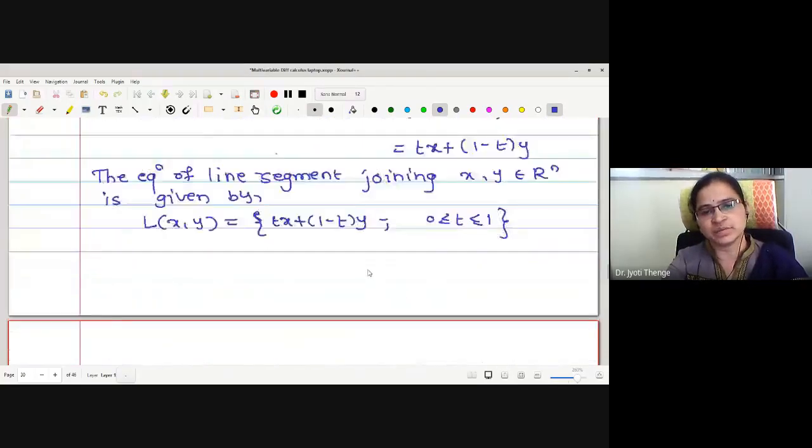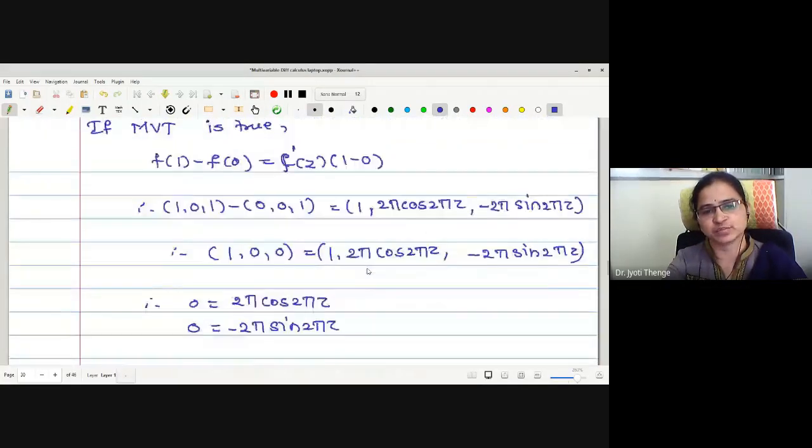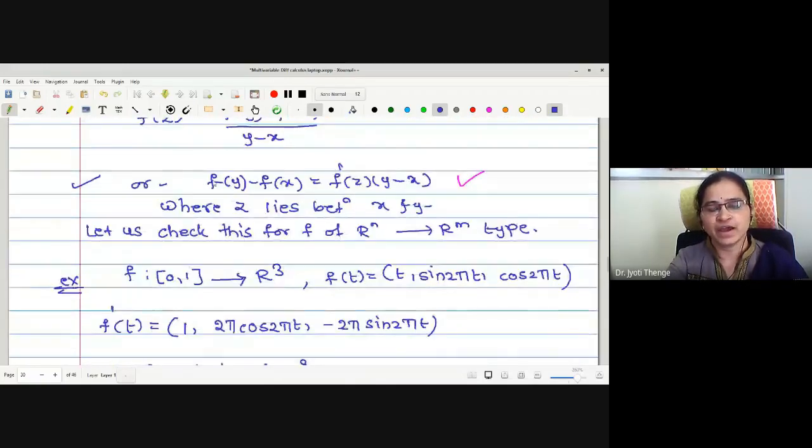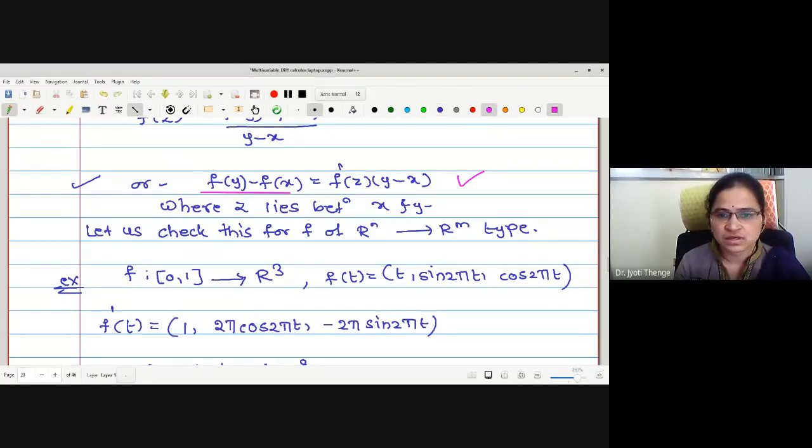Just look at the statement. What is the change between the two statements? Here the statement is f(y) minus f(x) equal to f'(z)(y minus x).